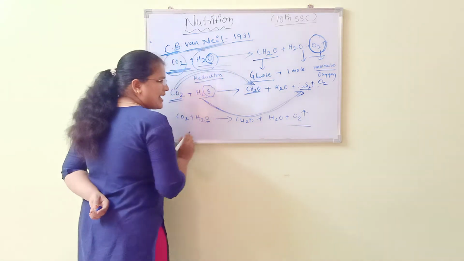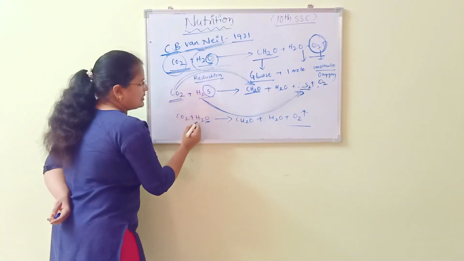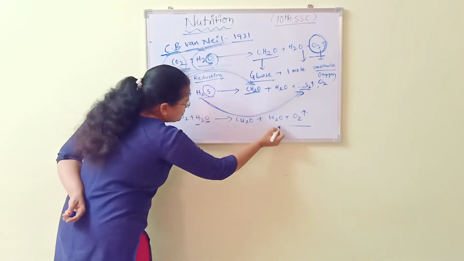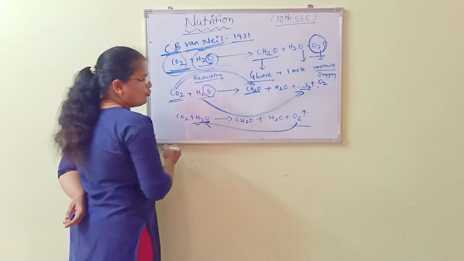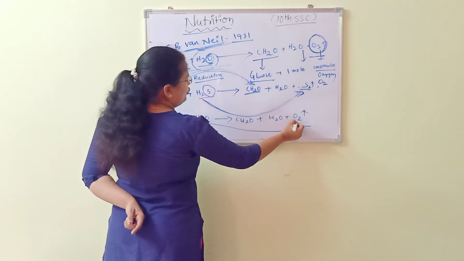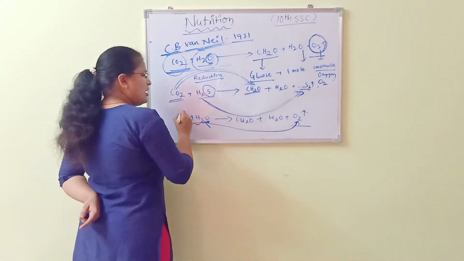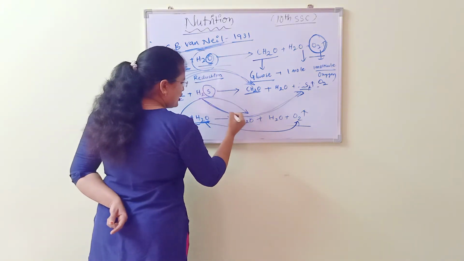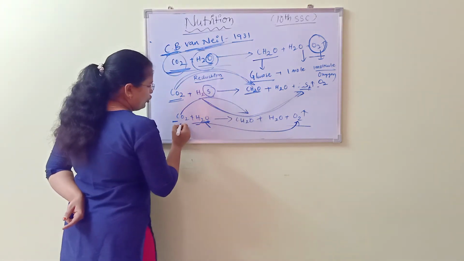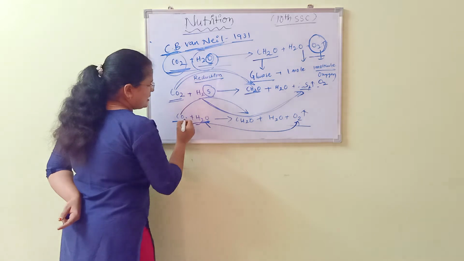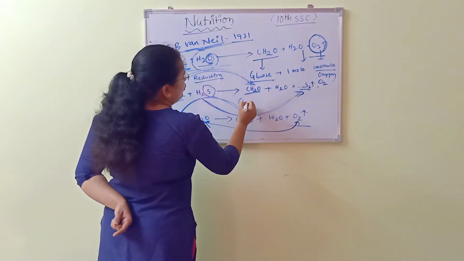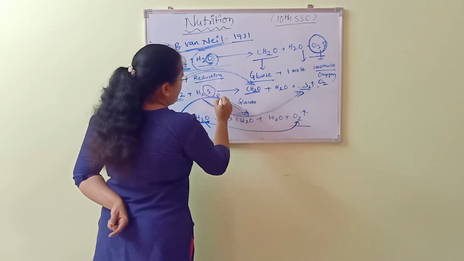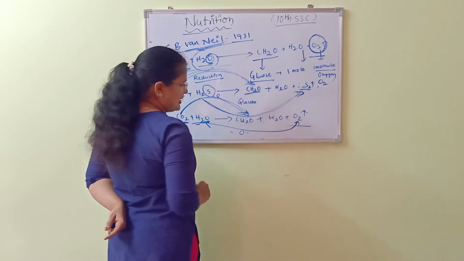O2 means by this we understand that oxygen is produced only from the water by the method known as oxidation. Here, by the method of reduction, this carbon molecule along with the oxygen is useful for the production of the glucose. This is reduction and this is oxidation.